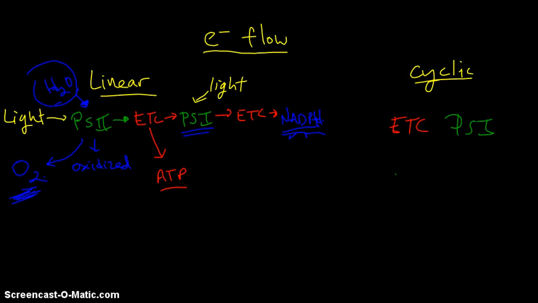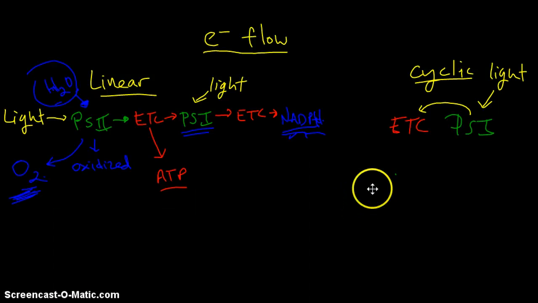Now, electrons will typically flow from photosystem 1 to its own electron transport chain, but there are occasions when these electrons, excited by light, get passed back to the preceding electron transport chain.